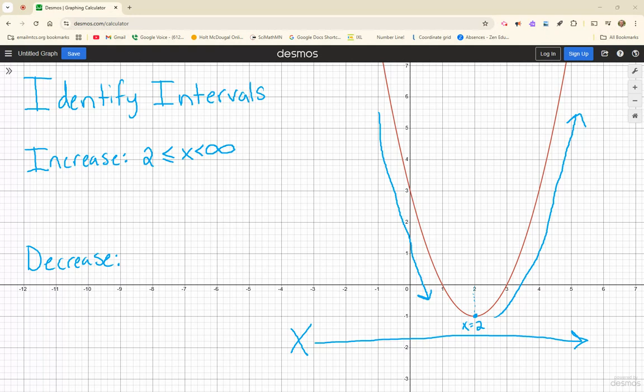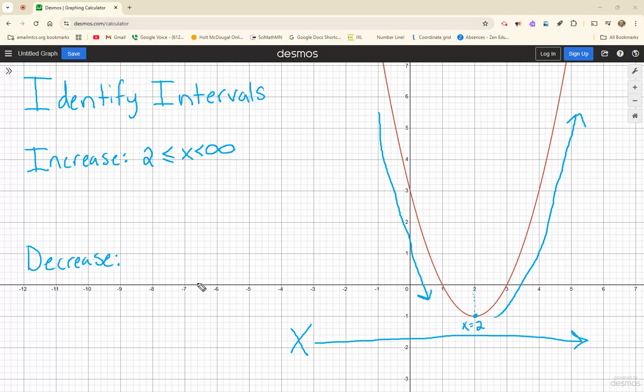It is a concept, an idea, so we can't actually be equal to it, whereas 2 is a part of our graph, so we can be equal to it. So this interval is saying that the graph is increasing when x is between 2 and positive infinity. Again, notice there are two less than symbols showing that x is between those values.